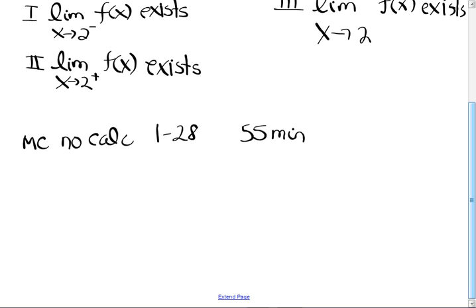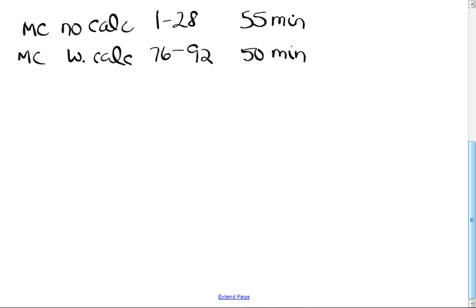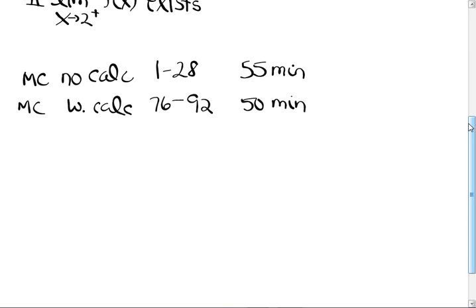Which means that you've got to be fast on some so you can think about others. Okay, then you have the multiple choice with the calculator. And that is 76 through 92. And they give you 50 minutes for this. You have 2008. That we gave you on Wednesday. Okay? Ready?